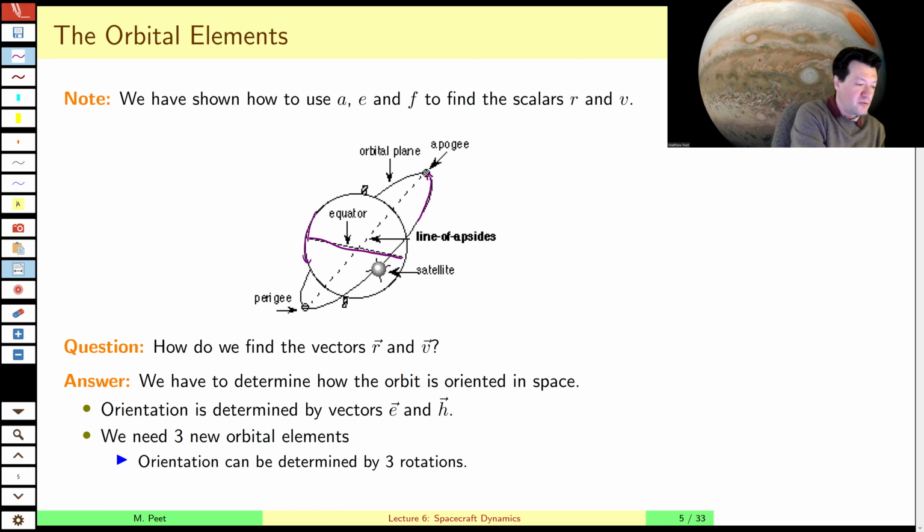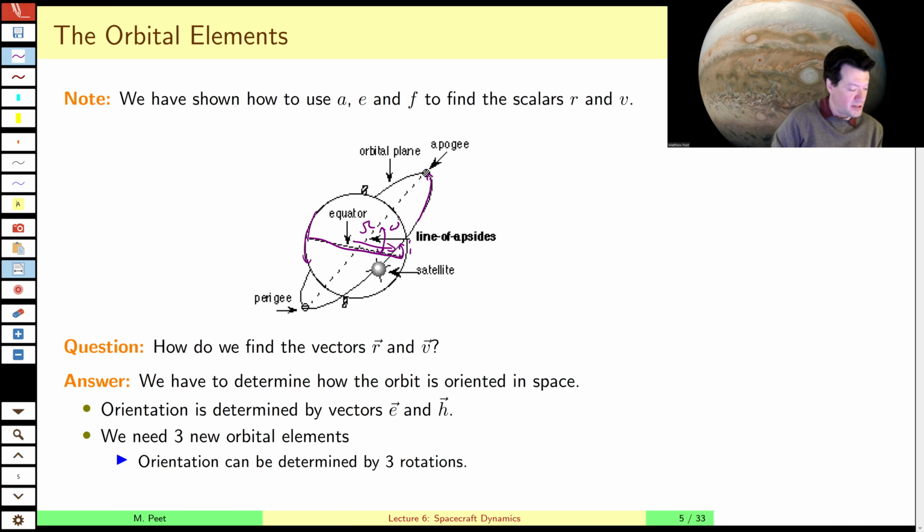Specifically, we have to define what this inclination is. We have to define where this periapse occurs in this orbital plane, and we have to figure out how much this orbital plane is rotated about the equator. So that's right ascension, that's inclination, and this is argument of periapse.